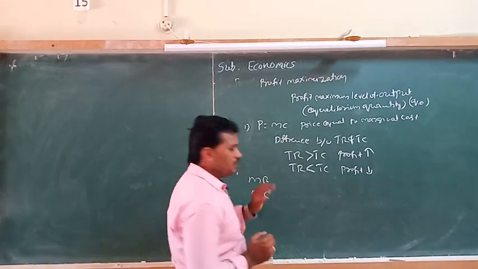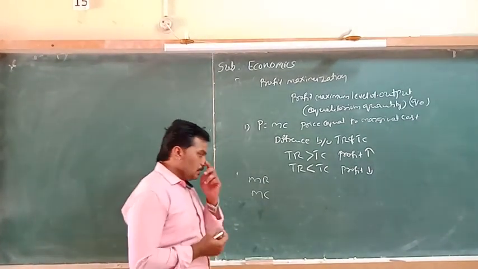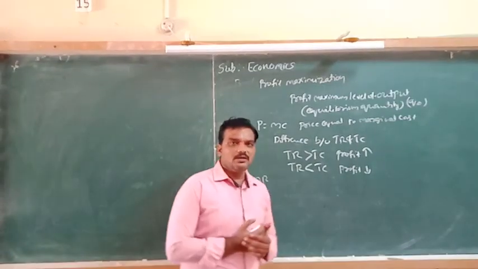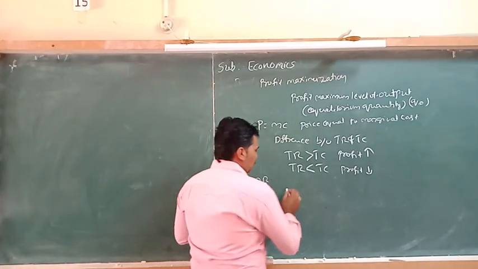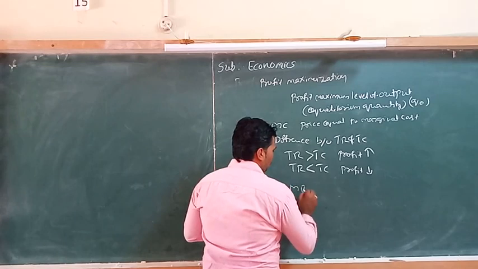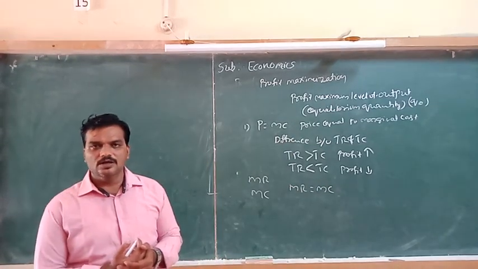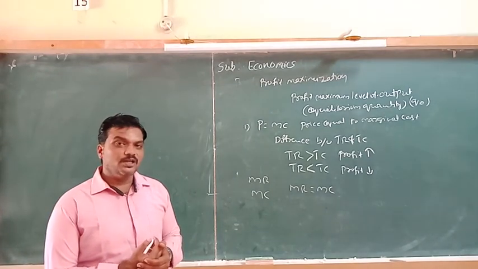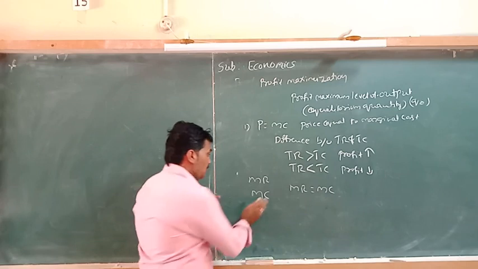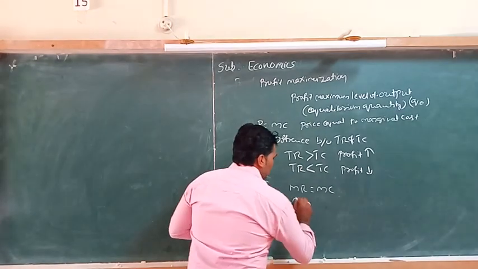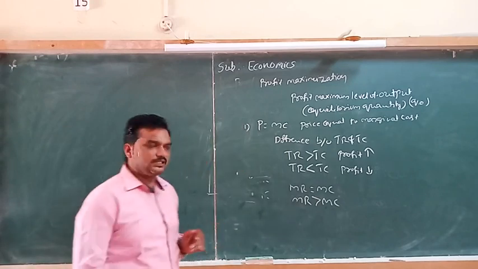Observe here the marginal revenue and marginal cost. At the profit maximization level of output in a perfect commodity market, MR must be equal to MC. Same thing: as long as MR is greater than MC, the firm's profit is increasing.